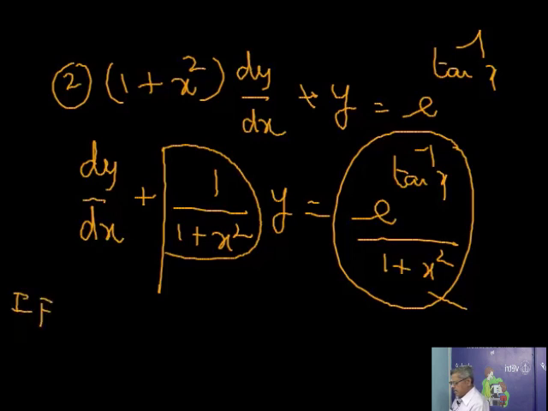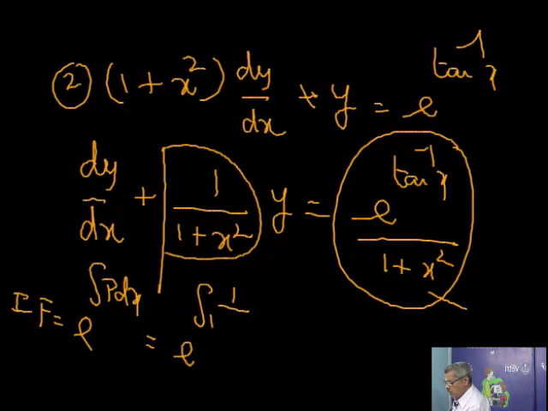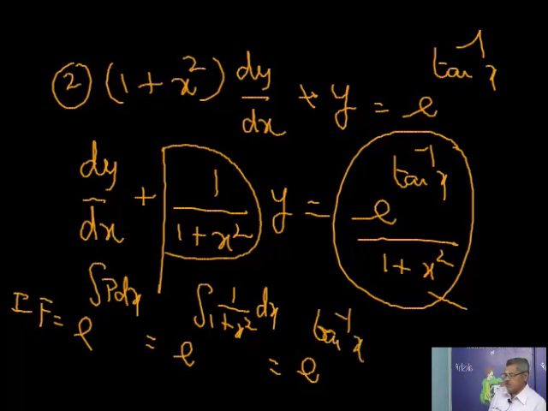Integrating factor is e power integral p dx. That is e power integral 1 over 1 plus x square. Integral 1 by 1 plus x square is tan inverse x. Therefore, you get e power tan inverse x.